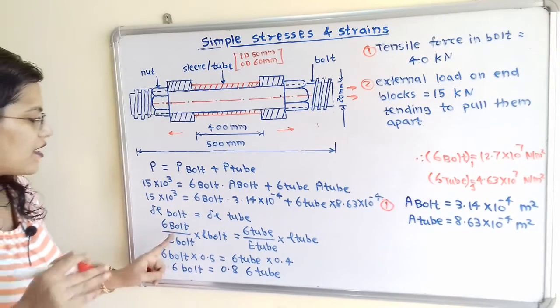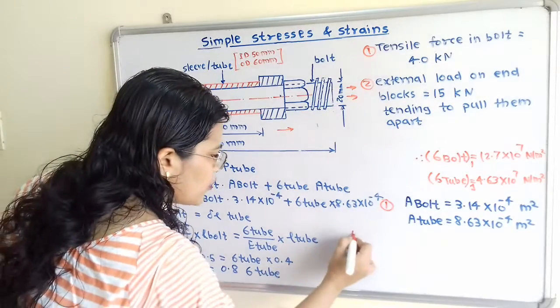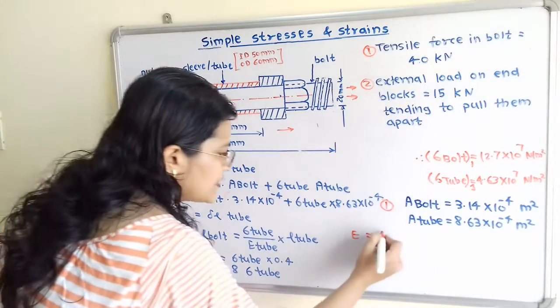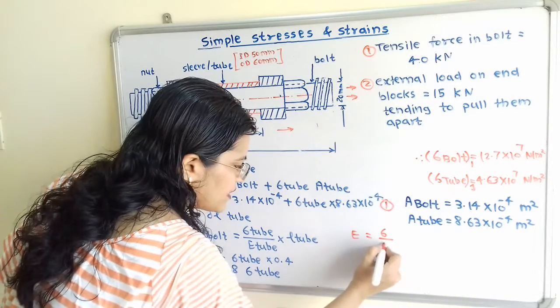So we know the Young's modulus. Young's modulus E is equal to stress by strain, that is sigma divided by strain.